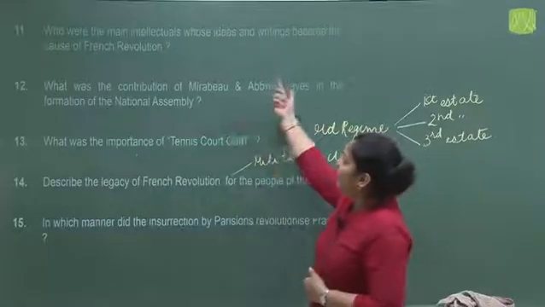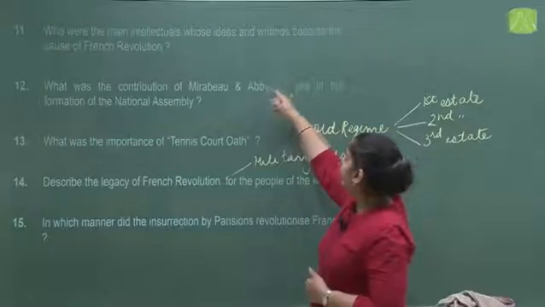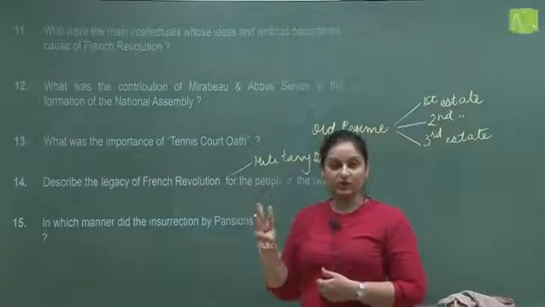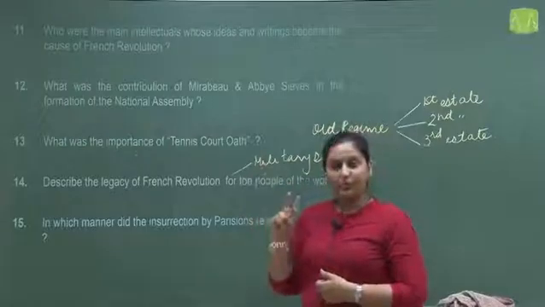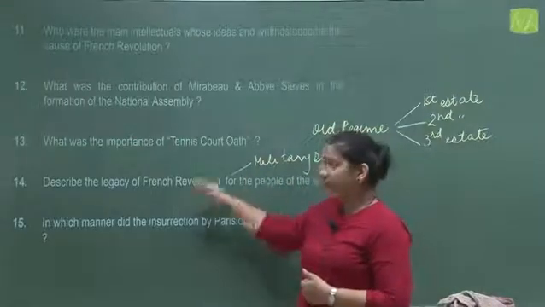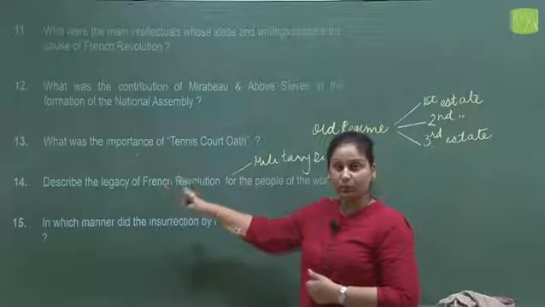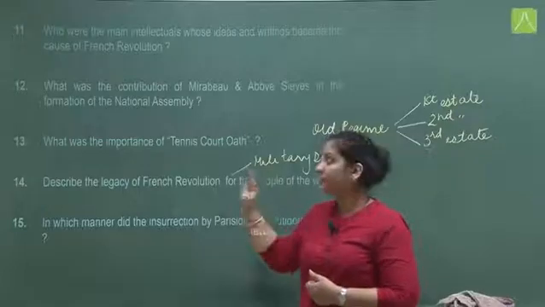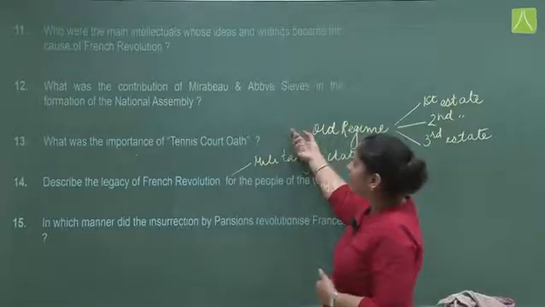who were the main intellectuals whose ideas and writings became the cause of the French Revolution? You have to write about three authors here: John Locke, Jean-Jacques Rousseau, and the third one is Montesquieu. The books we had already covered in the objective part. You have to write about Two Treatises of Government, Social Contract and Spirit of Laws.